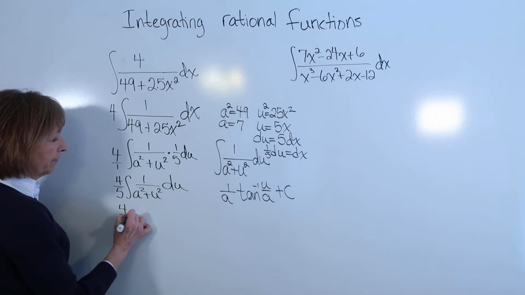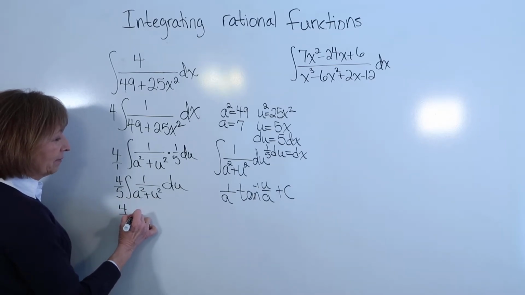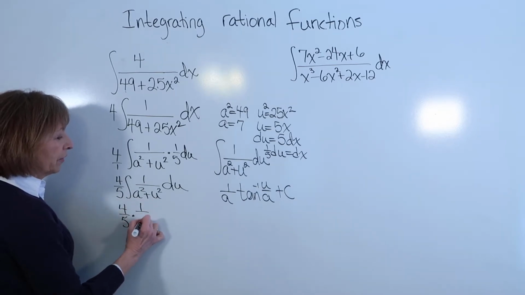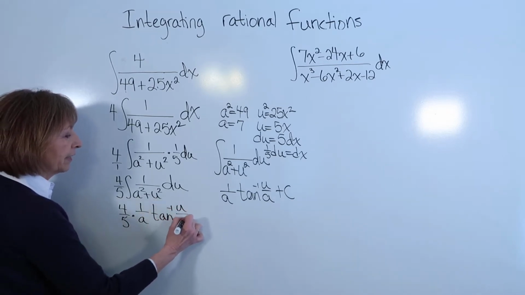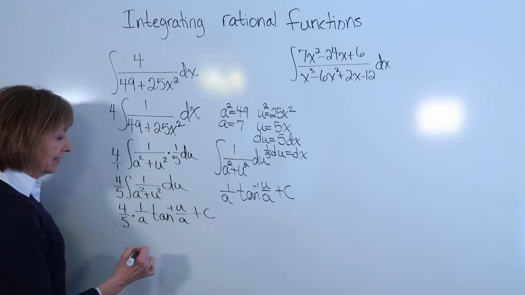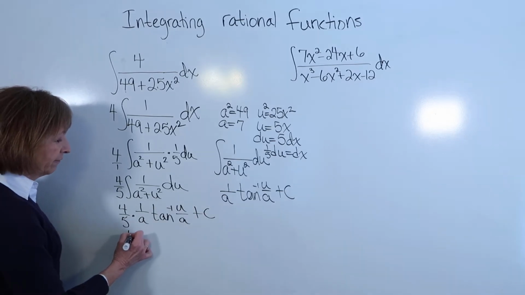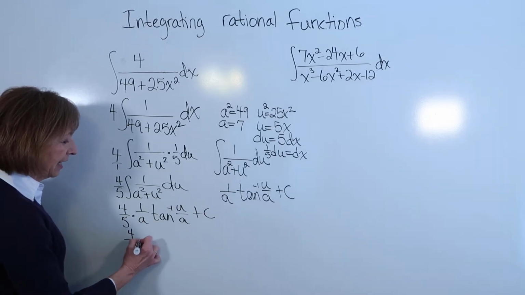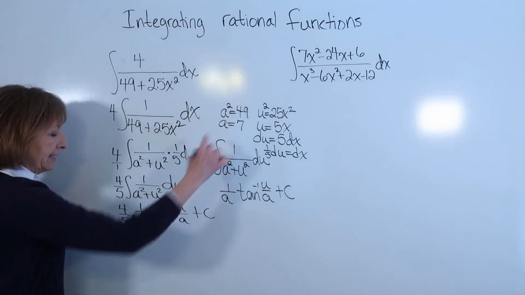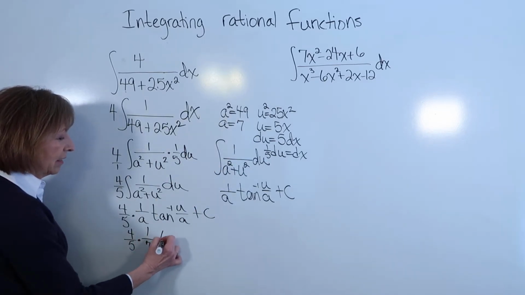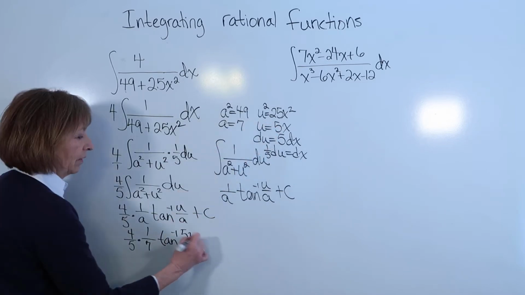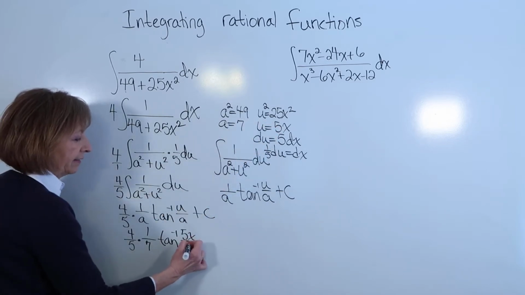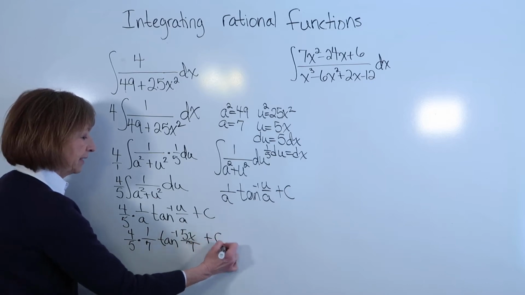So that's 4/5 times my 1 over a arctan of u over a plus c. So that gives me 4/5 times 1 over, well, a is 7, arctan of u, 5x, over a, which is 7, and then plus c.